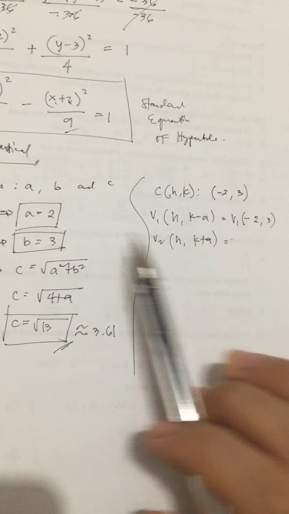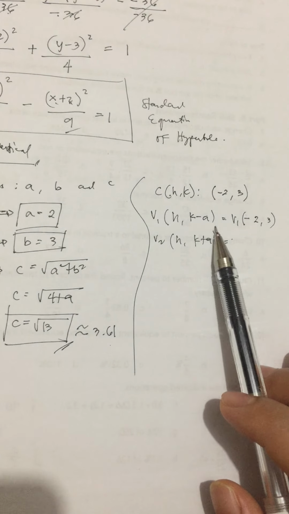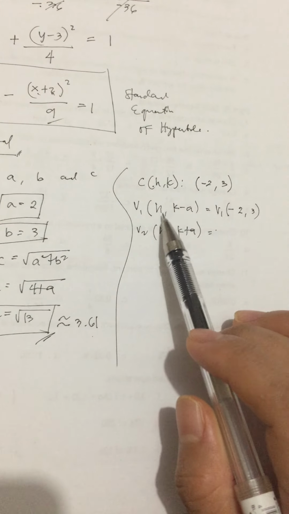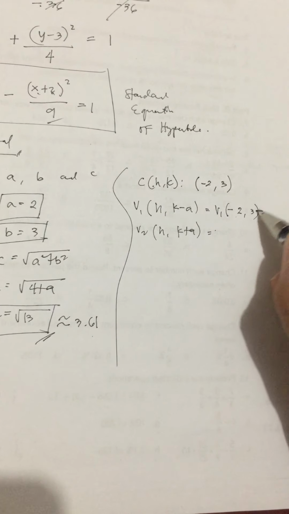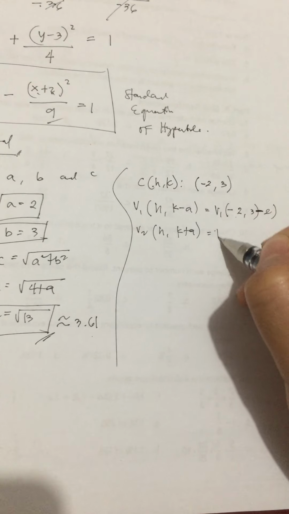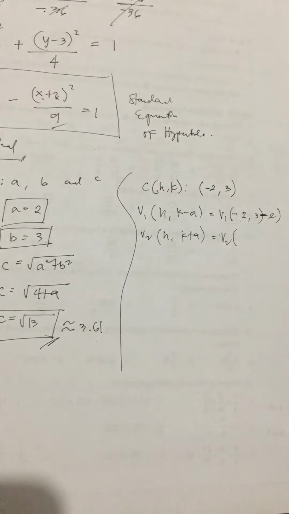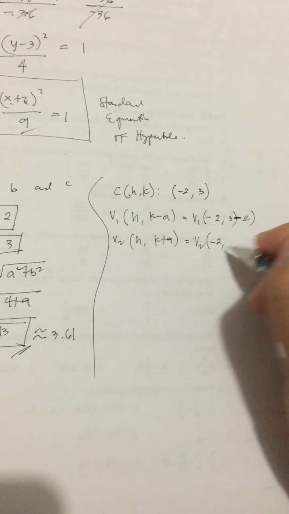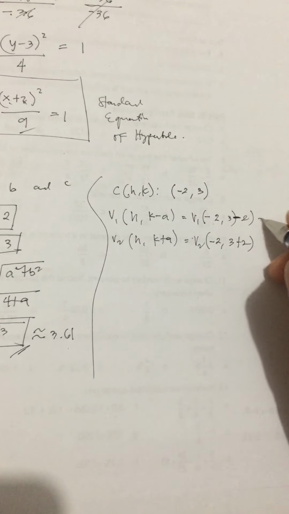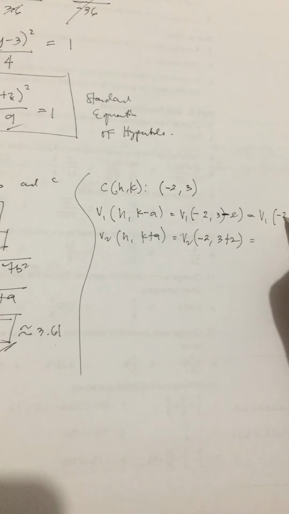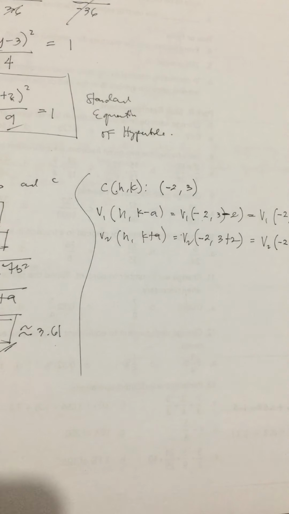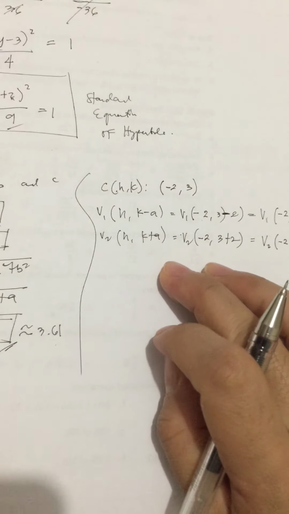Our a is 2, so vertex 1 is negative 2, 3 minus 2, and for our vertex 2, we have negative 2, 3 plus 2. So vertex 1 becomes negative 2, positive 1, and vertex 2 is negative 2, 5. Okay, so vertices, we're done.